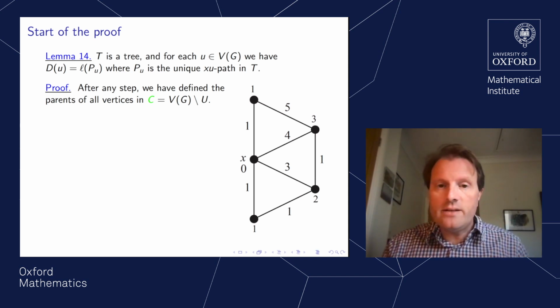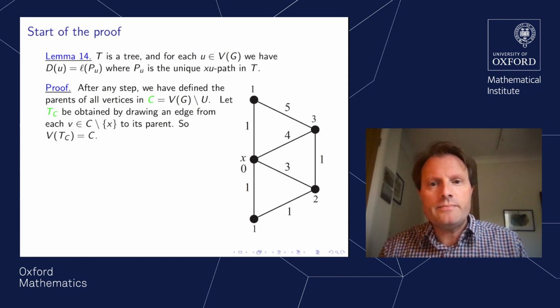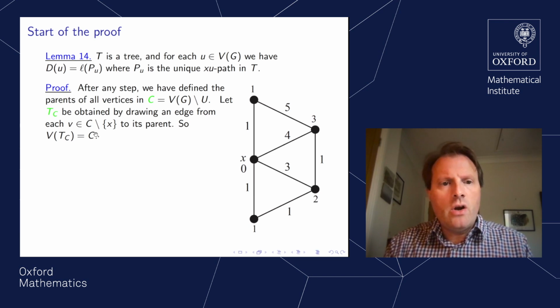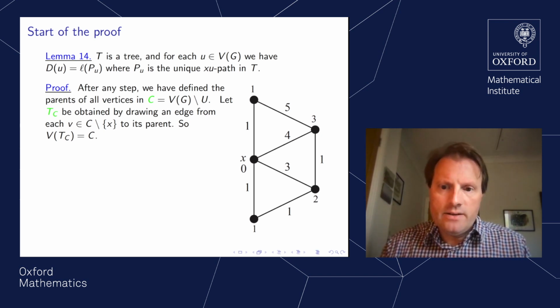Those are the vertices in C. So let T of C be obtained by drawing an edge from each vertex in C minus X to its parent. So V of TC is C.